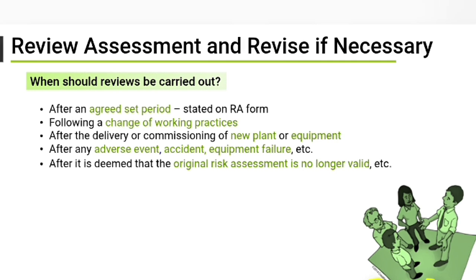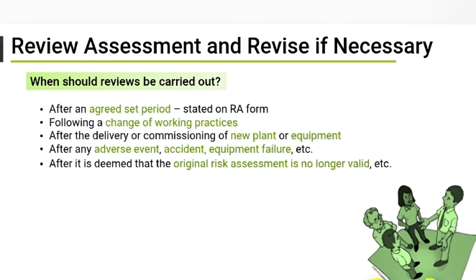After any adverse event or accident. A review should be carried out after any adverse event, accident, equipment failure, or near-miss incident. This allows for an evaluation of the effectiveness of control measures and identifies areas where improvements may be needed. When the original risk assessment is no longer valid.